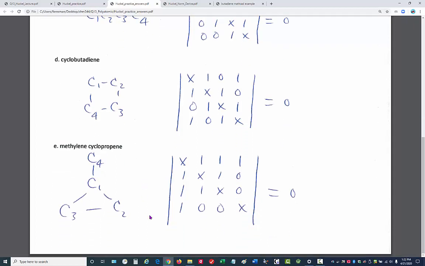Finally, again, 4-atom structure, methylene cyclopropene. Again, the connectivity will lead us to a different looking matrix than the other 2 4-carbon examples. The thing to pay attention to here in methylene cyclopropene, I chose to put this central carbon as number 1, and then the other members of the ring as carbons 2 and 3, and then I chose the 4th carbon to be hanging off the top here.